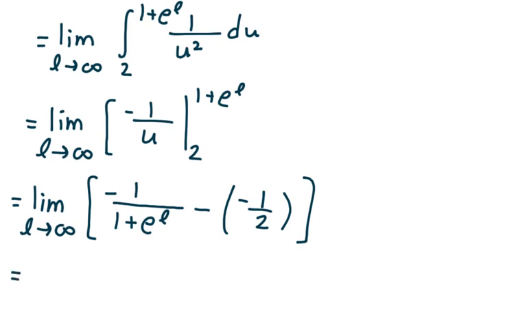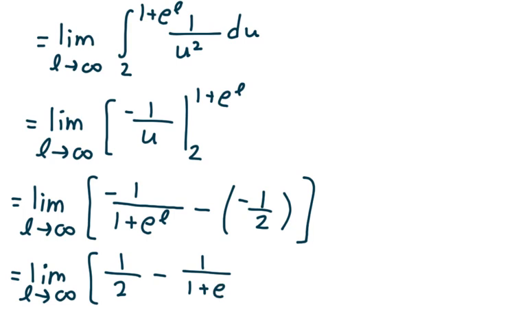Now, if it helps, we could write this as the limit as L goes to infinity of 1/2 minus 1 over 1 plus e to the L. But as L goes to infinity, 1 over 1 plus e to the L goes to 0. Okay?